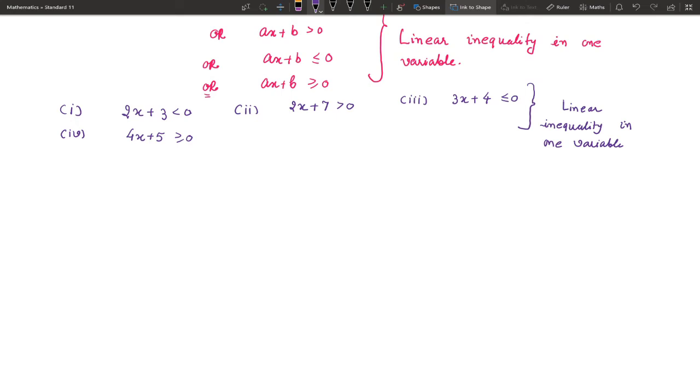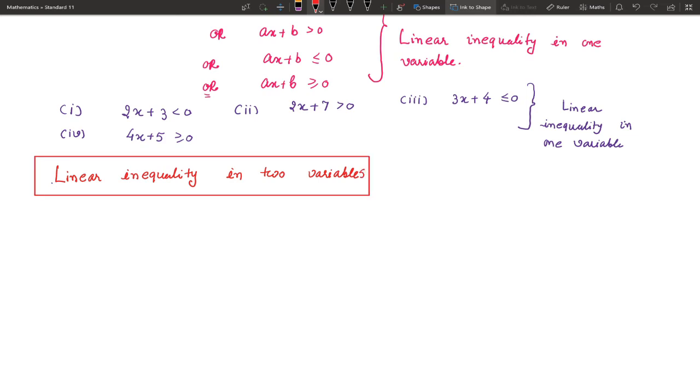Now we consider linear inequality in two variables.